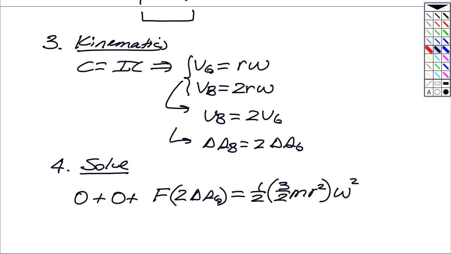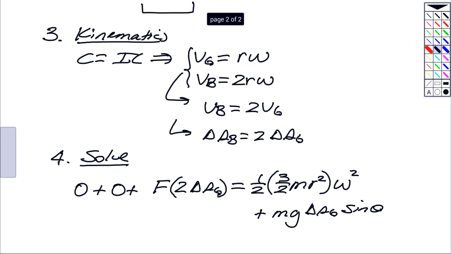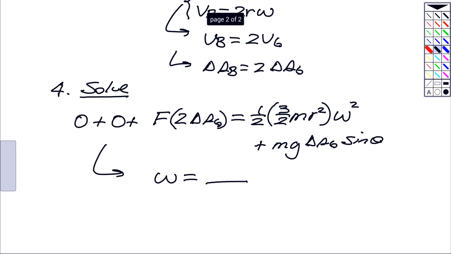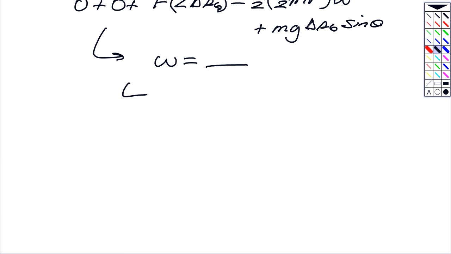And then the potential was equal to plus m g delta S_G times sine of theta. So from that, we can solve for omega. And knowing again that C is the instant center, we can say that the speed of G is equal to r omega, and we've got that answer there.